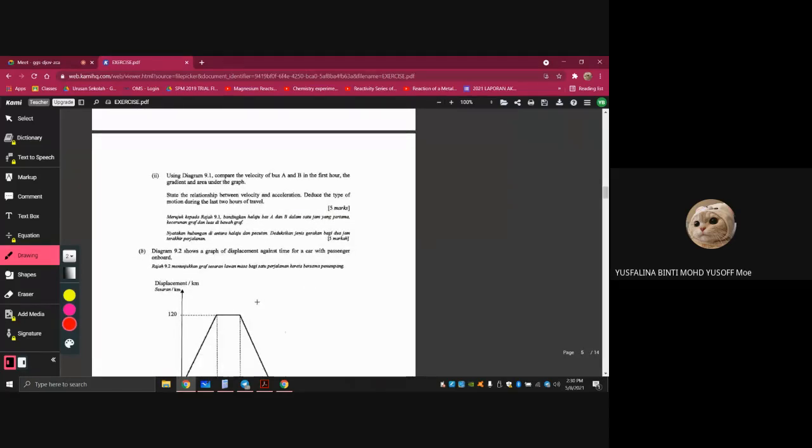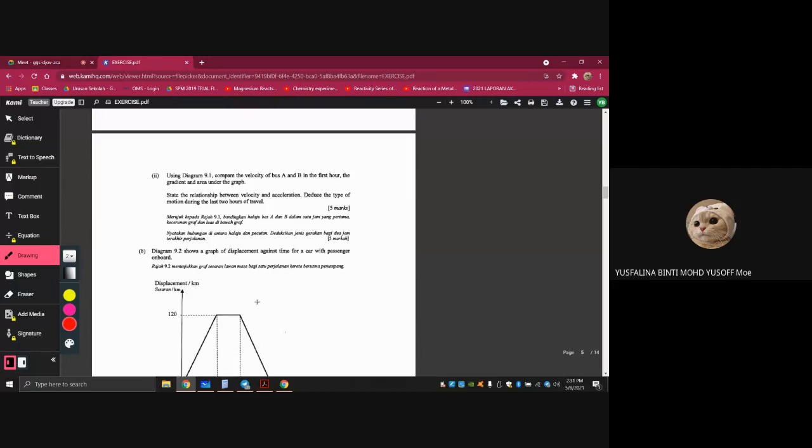I notice when you compare the velocity, some of you put big velocity, small velocity. Don't use big or small, because big or small is used when you compare size, like the size of a balloon: a big balloon, a small balloon.